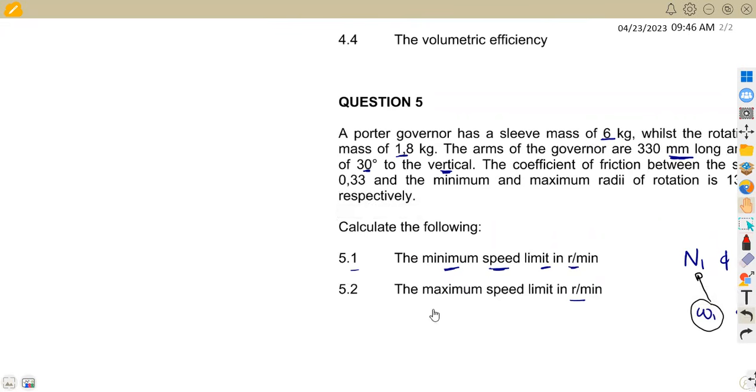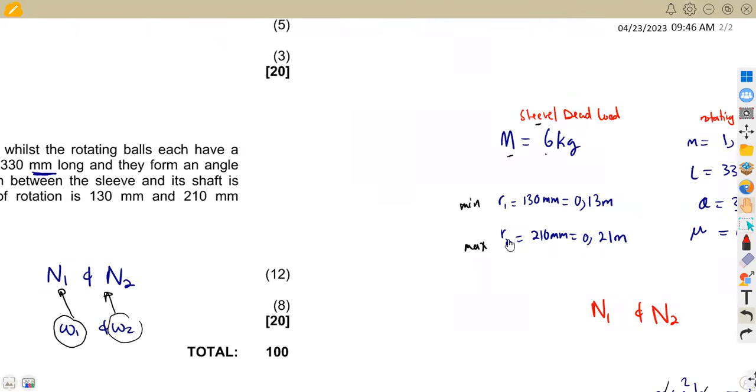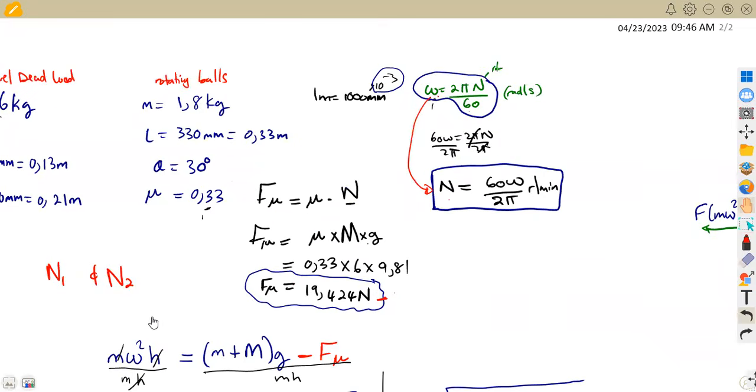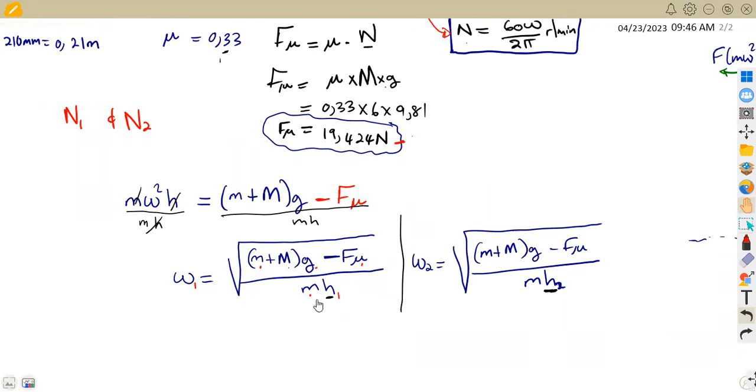For the maximum speed, we focus on H2, when the radius is maximum. So from the minimum radius, we are going to calculate the minimum speed, which is N1. But remember, I said N1 is taken from omega-1. That's why we need this H1, so that we can calculate omega-1.